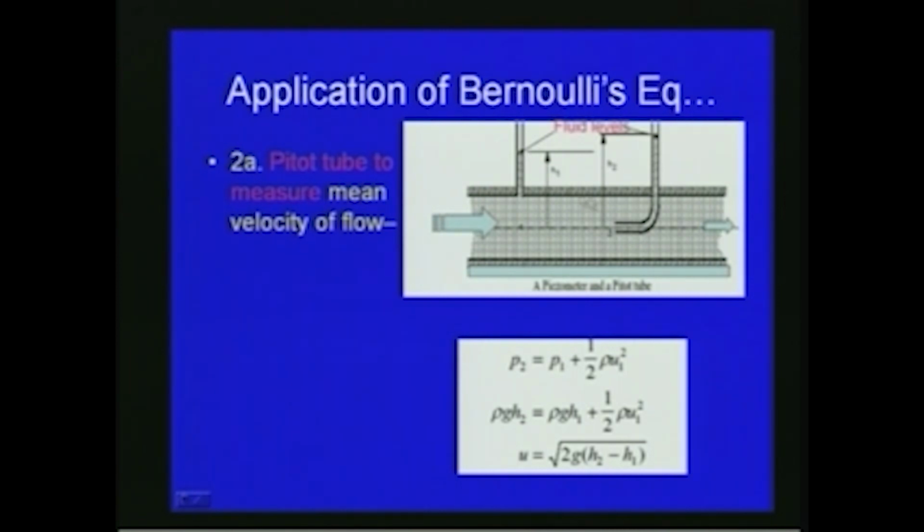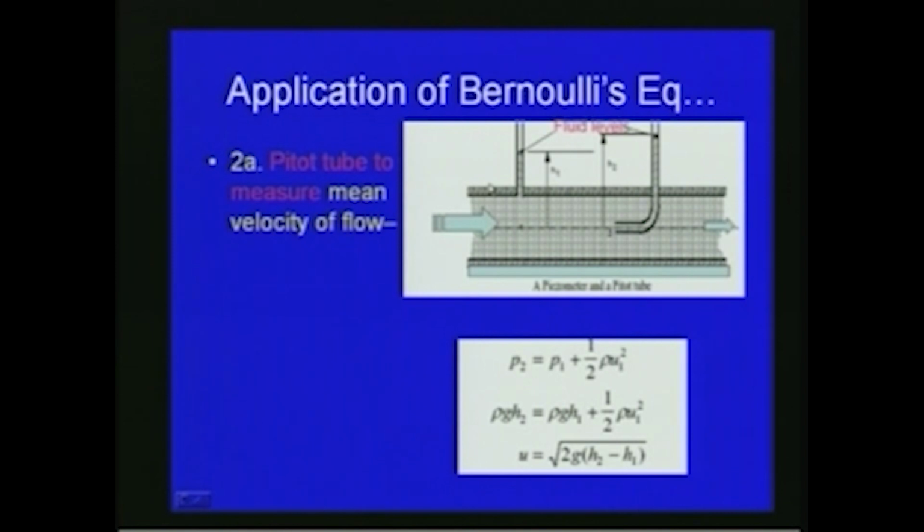This is the way, by introducing a piezometer and then a pitot tube, we can find the mean flow velocity in a pipe like shown in this figure. We have found the central line velocity by considering 2 points: at point 1 we introduced a piezometer, and at point 2 a pitot tube.